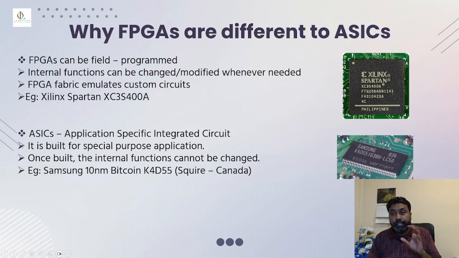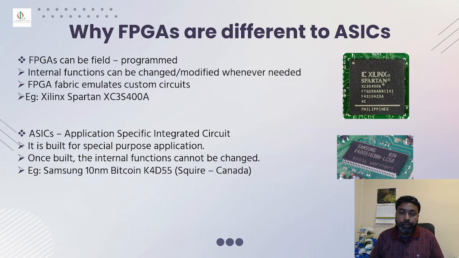ASIC is an application specific integrated circuit, which is targeted to perform a specific application. It is special purpose built. Once it's manufactured, you can't use it for any other application, and that's where ASIC is popular. If you want to produce it in large quantities, ASIC is the way to go.